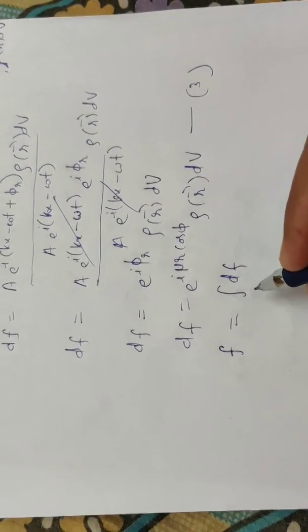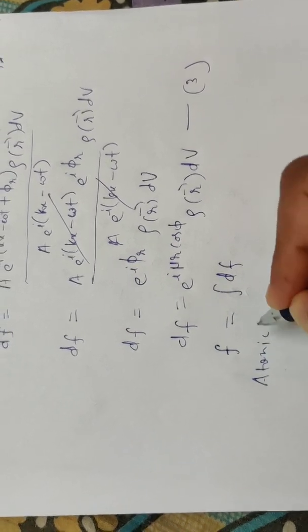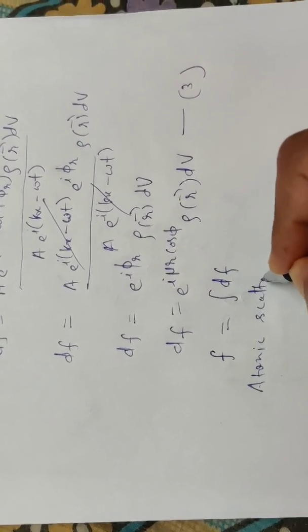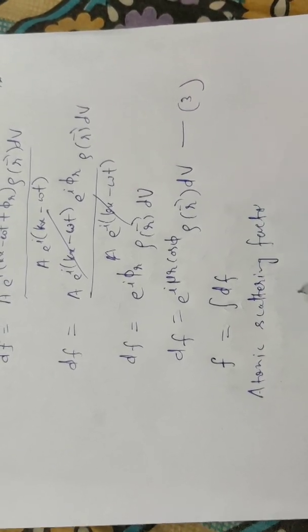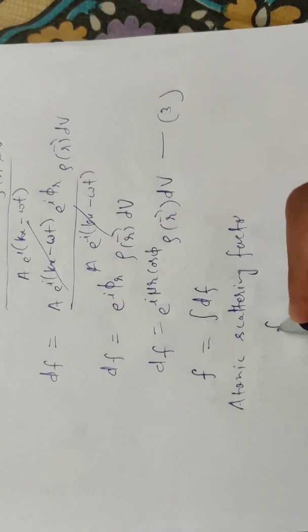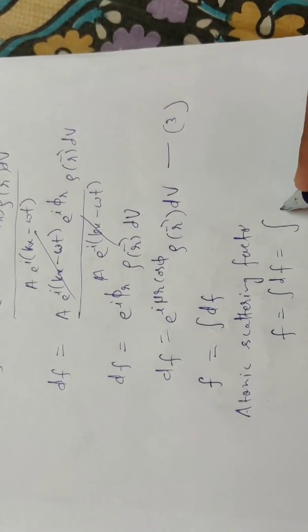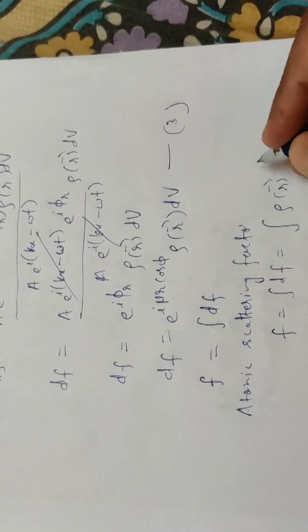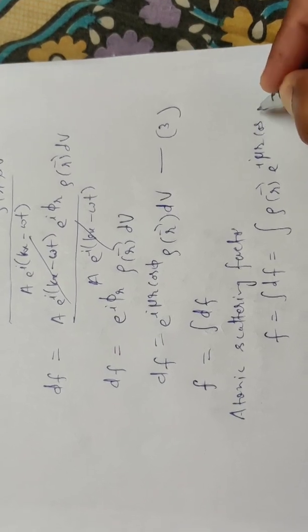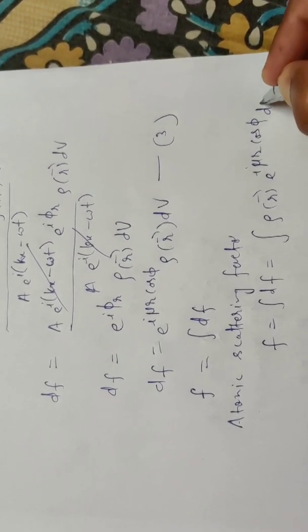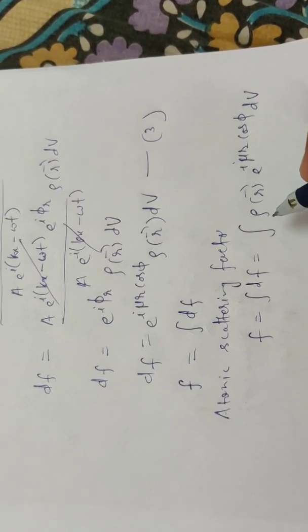So this is your atomic scattering factor. This will be f, this is df, so this is the integral of rho r e raised to iota mu r cos phi into dv, integrated over the whole volume.